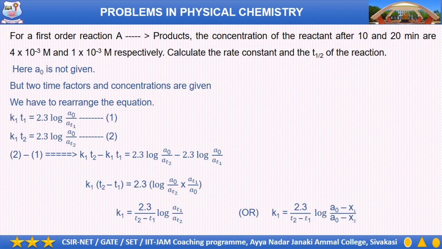Or you can use A of T1 at the first time and A of T2 at the second time. That is the amount left at time T1 and the amount left at time T2. What I gave you, A minus X1 and A minus X2, are the same. Whichever is easier, use that.